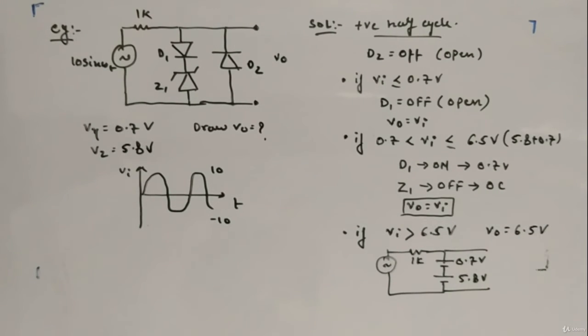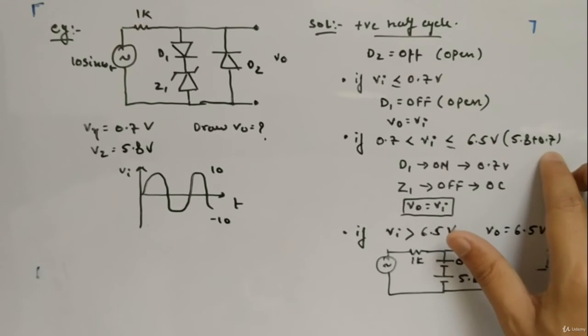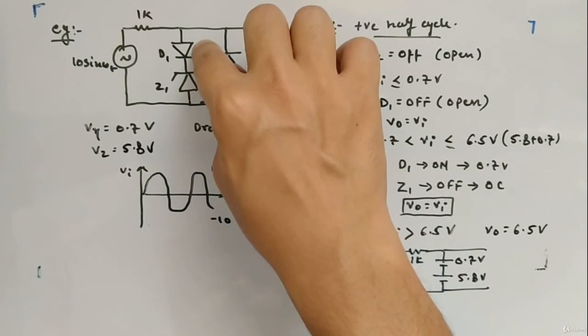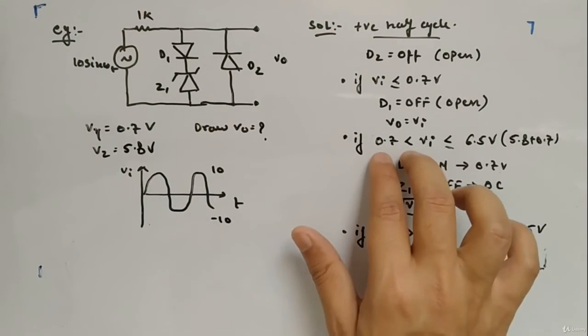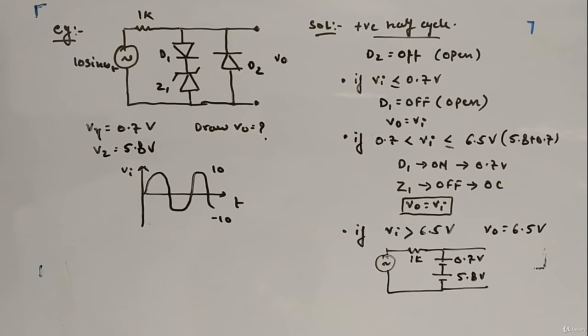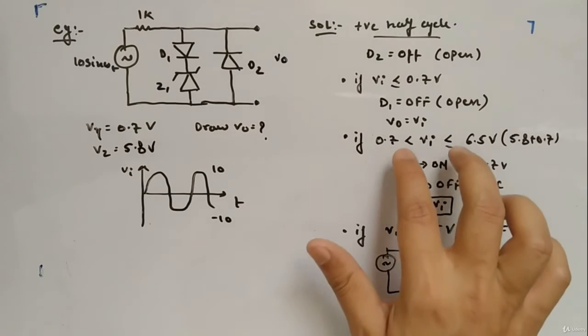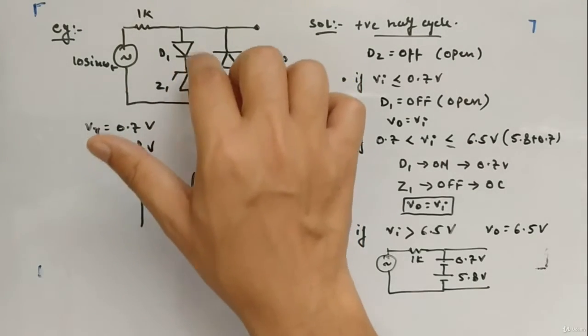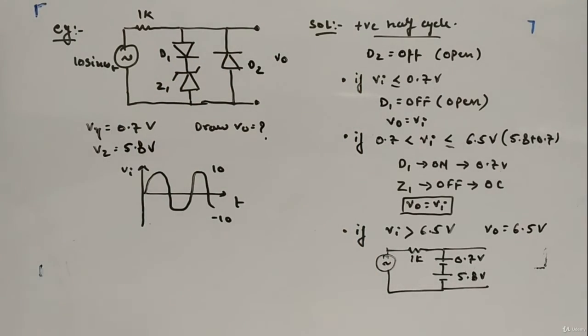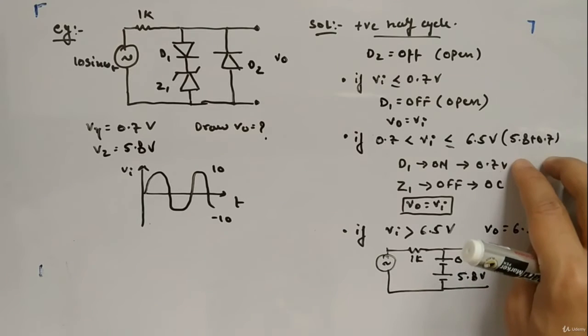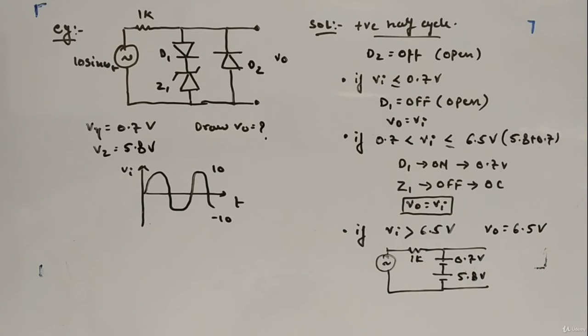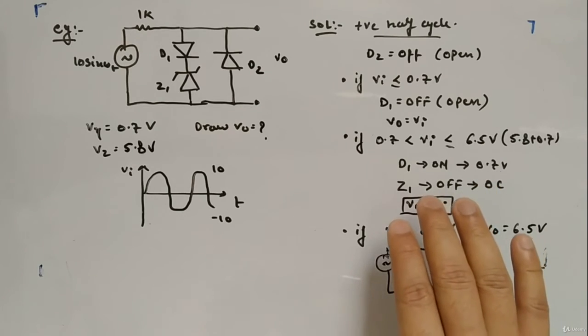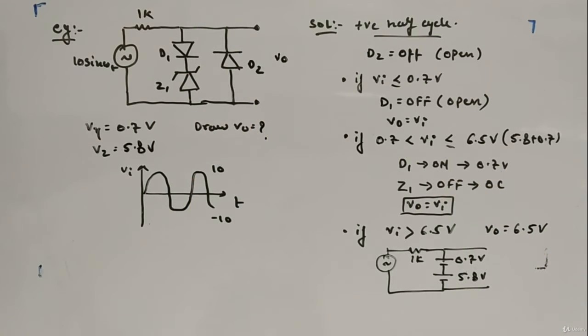But instead of 5.8 we added 0.7 as well, because we are assuming that by that time your diode D1 will be on. Okay, if you are checking in this range, this diode will be on, so there will be a sum of this 0.7 voltage.